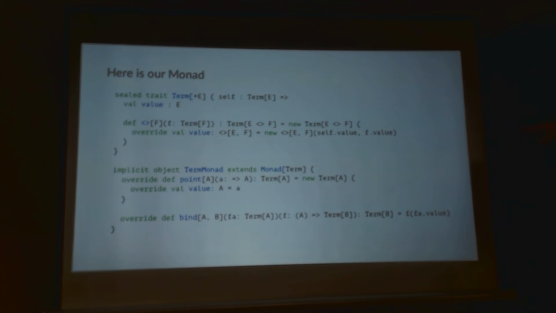And you'll see the definitions are pretty simple. Point just defines a new term with a value A. Bind takes in a term of A, and you have a function going from A to term of B, and it reaches into the term, pulls out the value, and passes it to the function from A to term of B. That's your bind, which allows you to do flat maps.